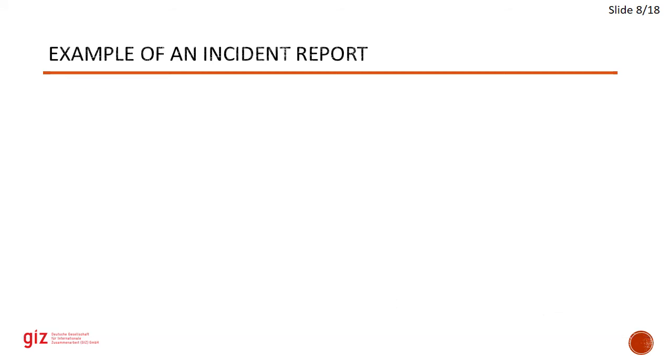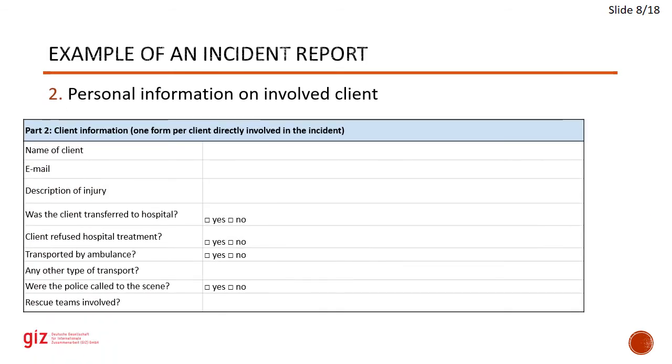So the second part of this incident report form is personal information on the involved client. So name of the client. Let's say Bill Baker. Email, billbaker@email.com. Description of injury. He got an injury to his leg, a sprain, and scratches on his hand.